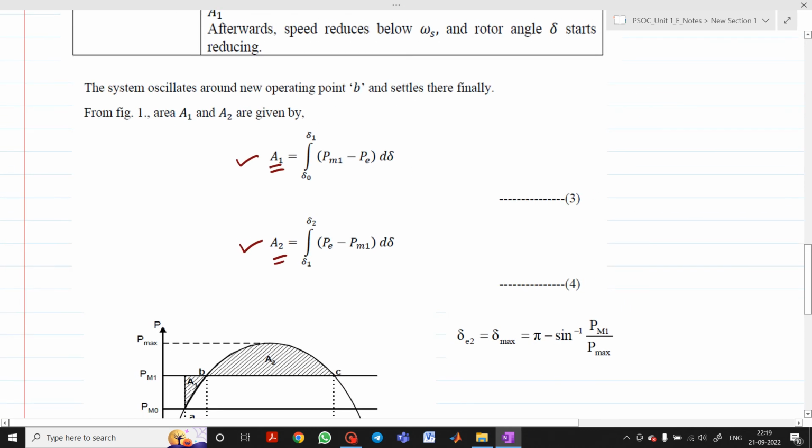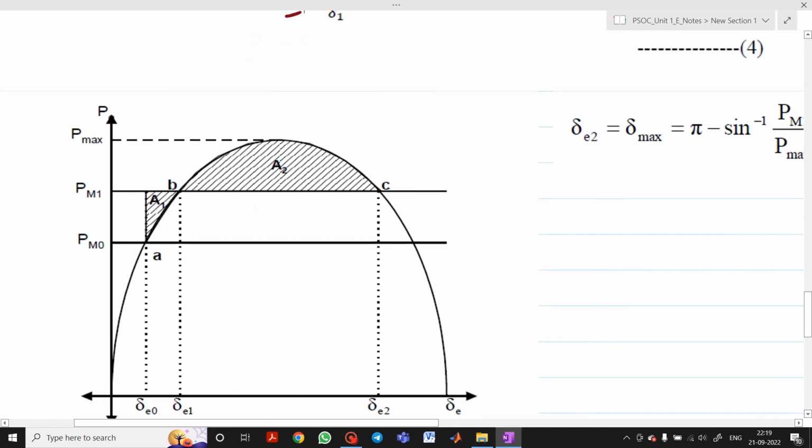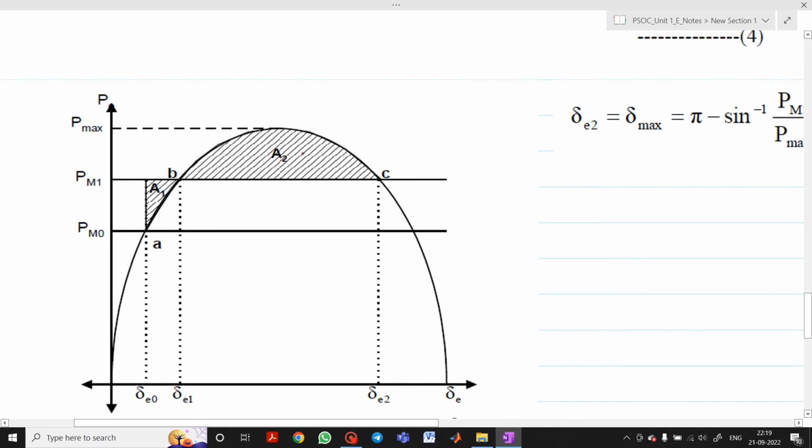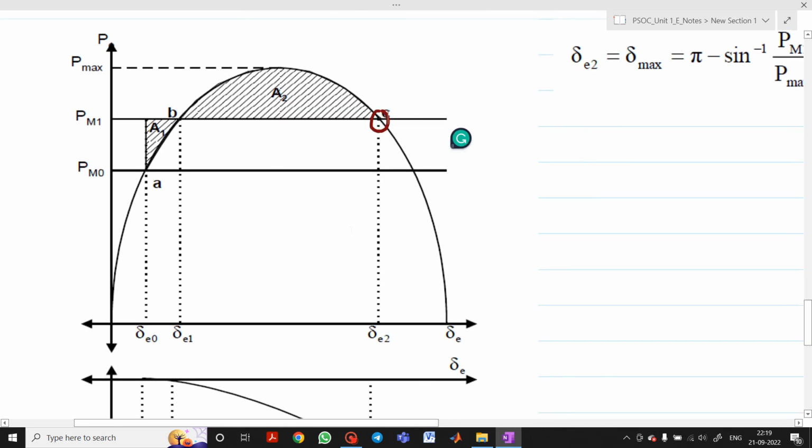Now here, what will be the maximum limit of that delta 2? Initially, point C was up to this only. But up to which value will your point C go? Please see here, I have drawn this point C. You will observe this line first intersects at point B. Please check where it will intersect the curve on the other side.